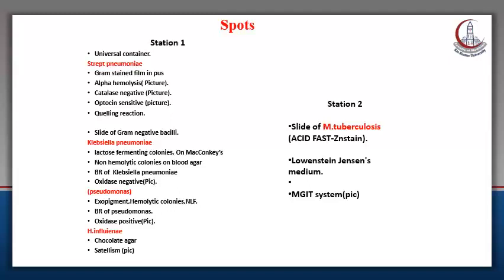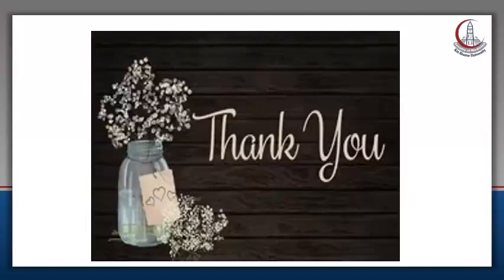We saw in this scenario the slide for acid-fast staining, the Ziehl-Neelsen method, with pink bacilli over a blue background, and the traditional method for isolation, which was the green slope, the only green slope in the practical sessions, the Lowenstein-Jensen medium, and lastly the MGIT system picture with a glowing sensor at the bottom of the tube.